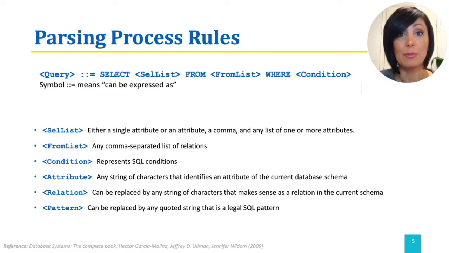Condition represents SQL conditions that can be, for example, in a where clause. Attribute is representative of any string of characters that identifies an attribute of the current database schema. Relation can be replaced by any string of characters that makes sense as a relation in the current schema. A syntactic category pattern can be replaced by any quoted string that is a legal SQL string pattern, like 19%. We will see a full example shortly.